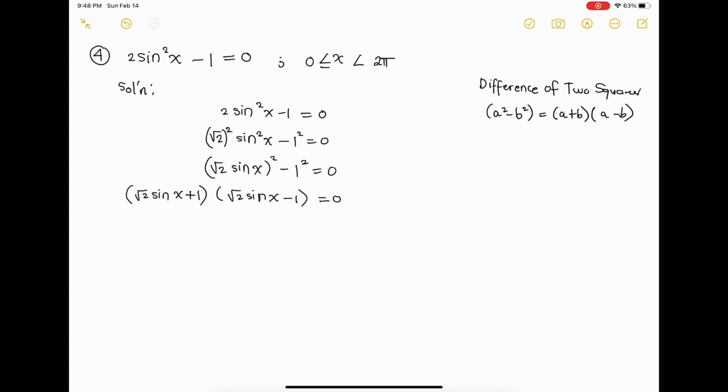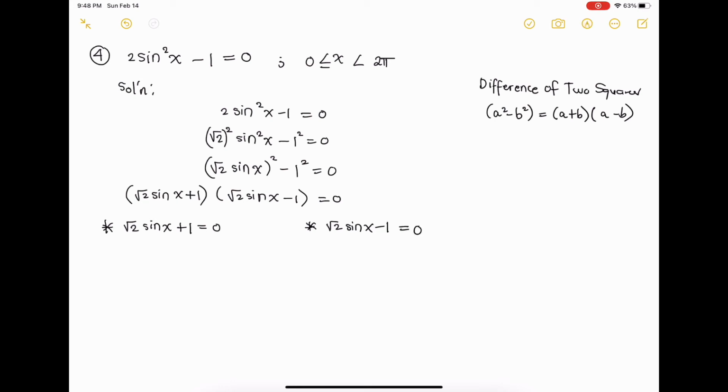Using the zero product property, we have two possible sets of answers. First, square root of 2 sine x plus 1 equals 0. The second part is square root of 2 sine x minus 1 equals 0.